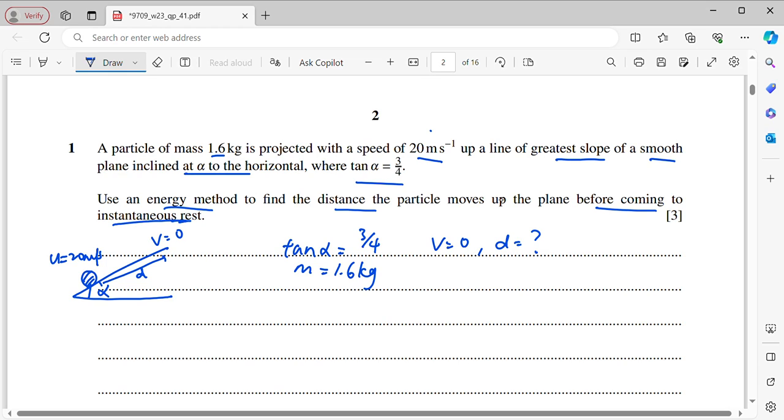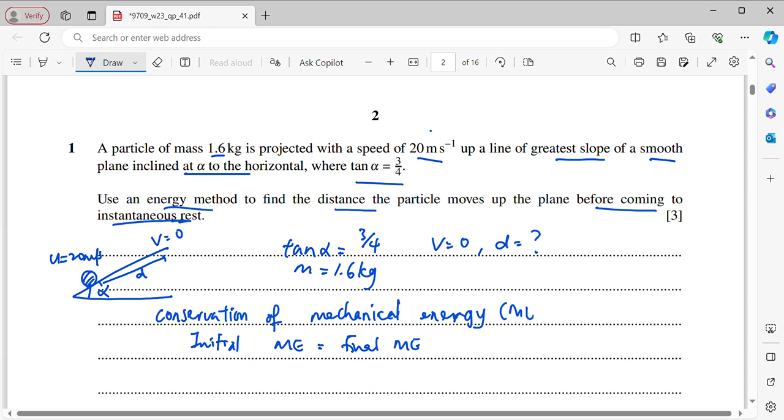From here, I will be referring to the conservation of mechanical energy. So this is the energy method, right? According to this principle, initial mechanical energy, ME, equals final mechanical energy.